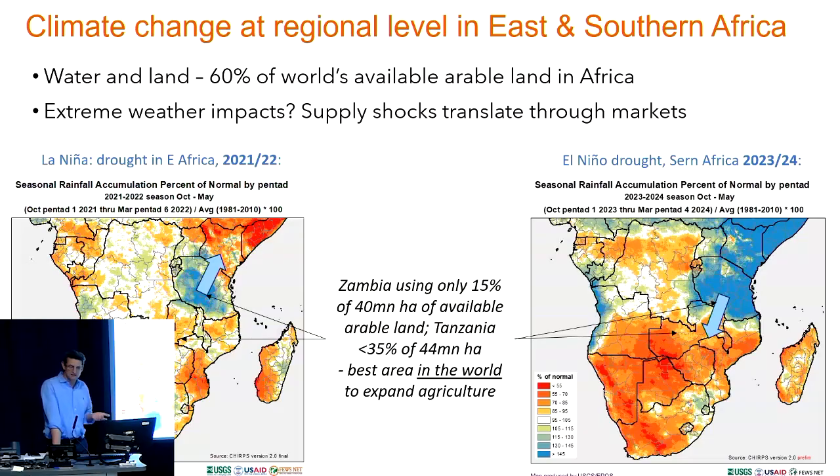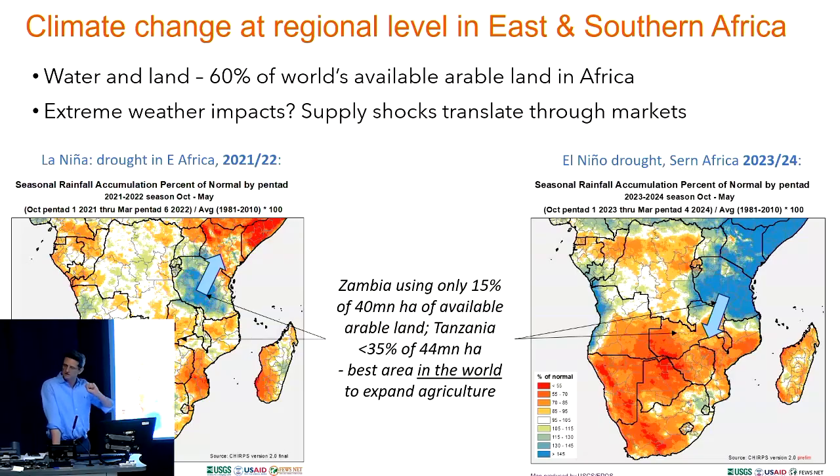Just for scale, I think it's important, Zambia is twice the size of Germany, right? With a population of 20 million people. There is an abundance of land. Zambia is only using 15% of its arable land. I still say this and I don't really believe it. We've done work with the International Growth Center, and if you've gone to Zambia, you'll know there's lots and lots of land, it's a relatively flat country, and that's just of the arable land.